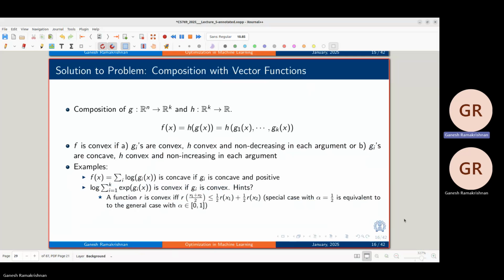Midpoint convexity implies convexity. See, midpoint convexity is a special case. But if you show it for half, you have shown it for all theta. How does it imply? It's possible to show it by first principles again. You can show that any convex combination, let's say theta x1 plus (1 minus theta) x2, can be written, with some adjustments, as the midpoint of two other terms in terms of x1 and x2.